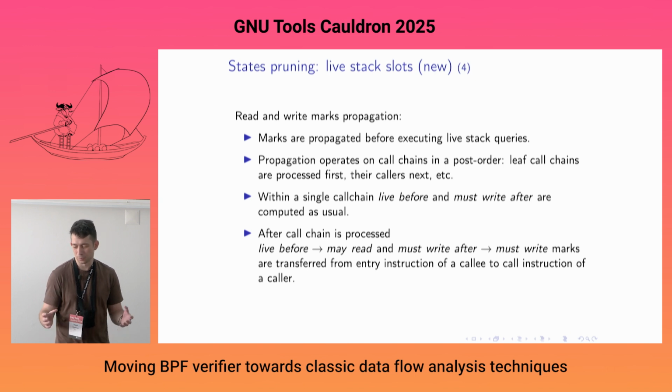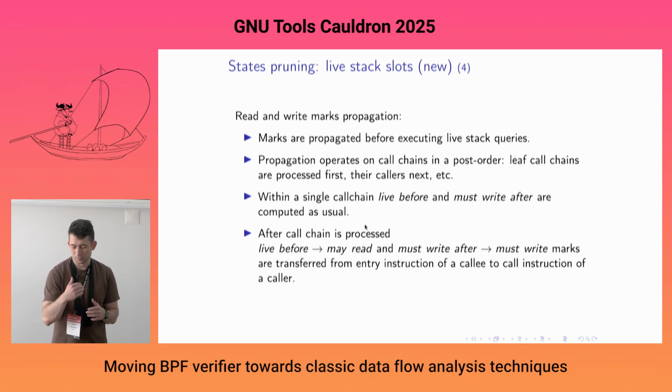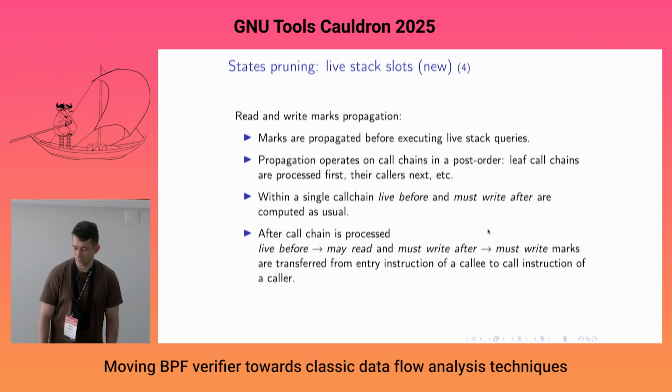We do this in post order for all the call frames. We first process call chains which are leaves, then we proceed with call chains which are callers of these leaves, and so on. To propagate this information between callers and callees, the live before information from the entry point to a subprogram is transferred as may read information to the call instruction in the appropriate call chain, and the same happens to must write after marks.